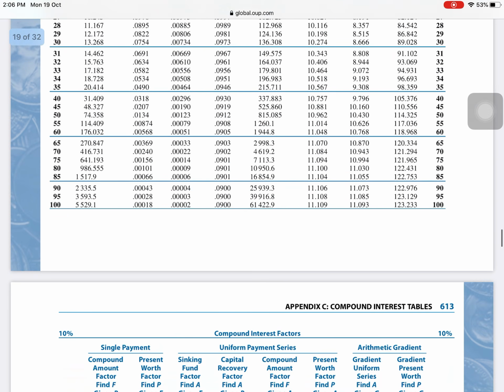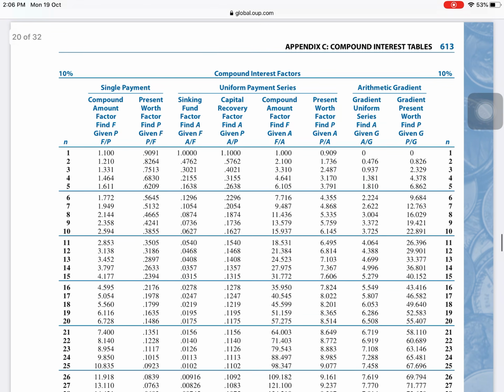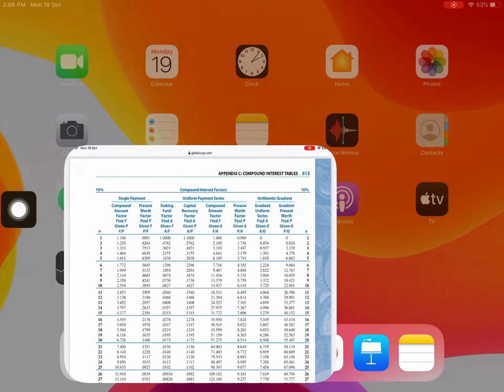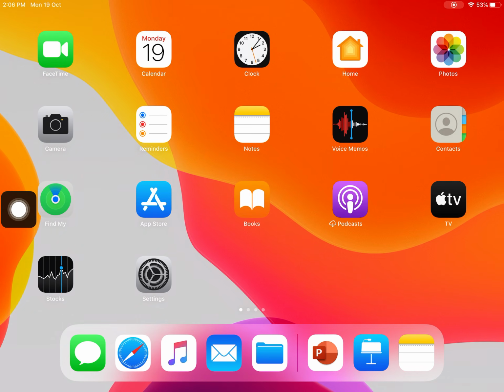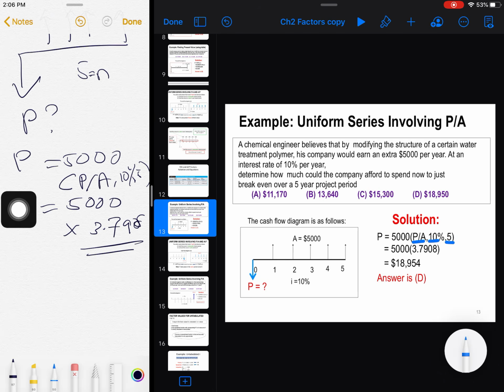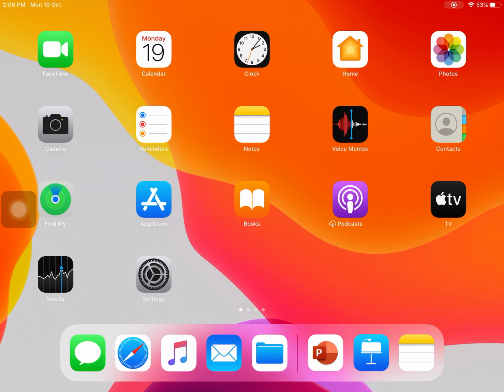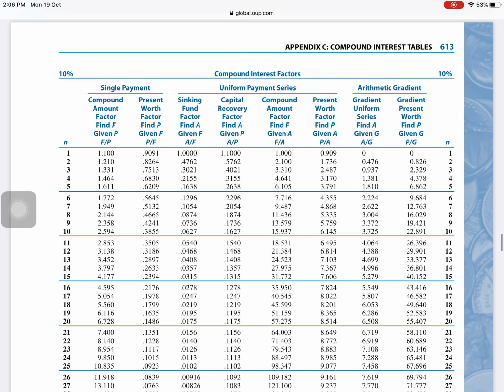Now we come to 10%, n equals 5, and we're looking for P over A. Over here, for n equals 5, P over A is 3.7.